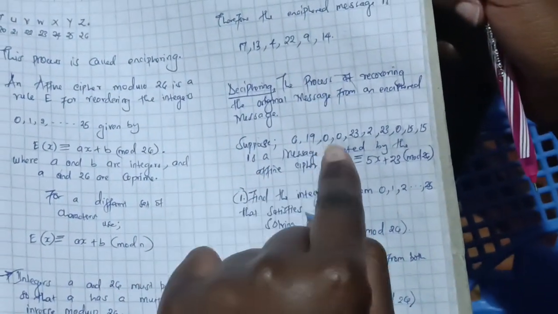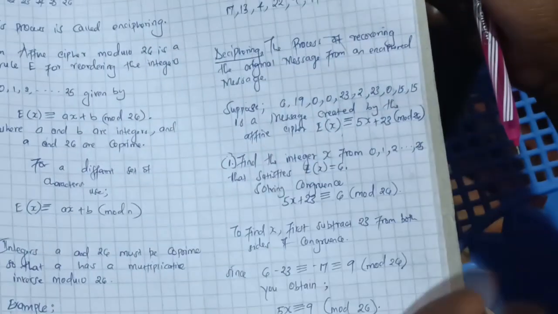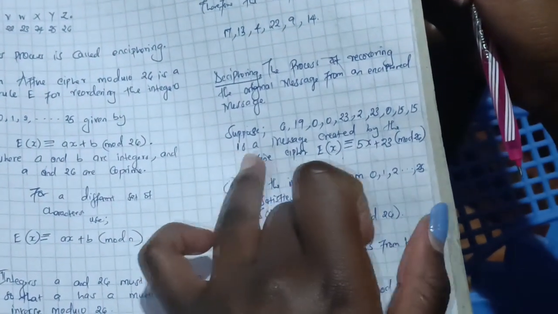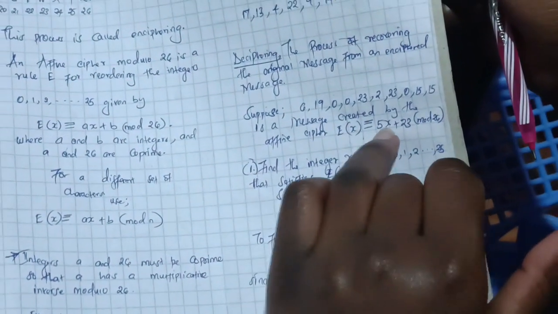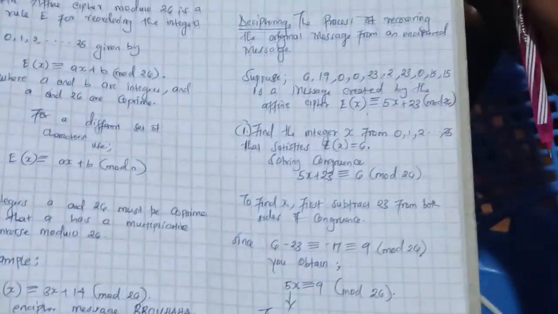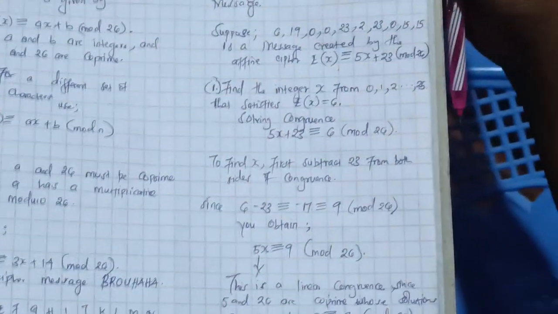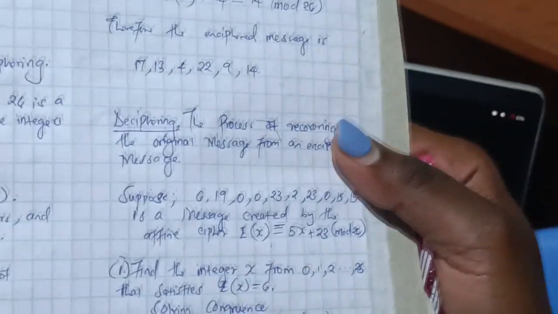Suppose we have a message which is 6, 19, 0, 0, 23, 2, 23, 0, 15 and 15, and it's created by an affine cipher E(x) congruent to 5x plus 23 modulo 26. For this, we'll first solve the congruence.